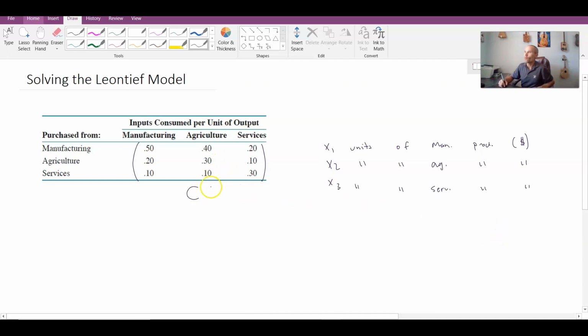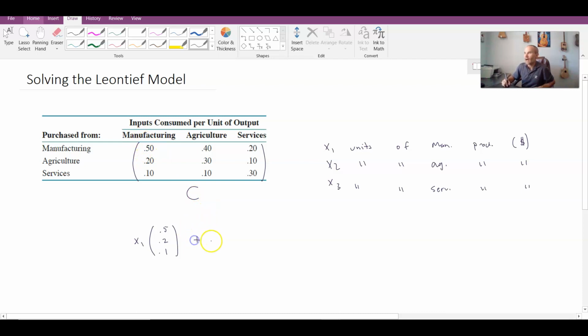So what we know from this is that if manufacturing produces X1 units, then we're going to have to take this first column and multiply it by X1 in order to calculate the total amount of manufacturing, agriculture, and services that need to be produced just to satisfy the manufacturing output.